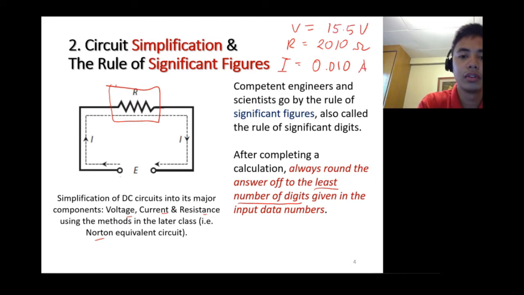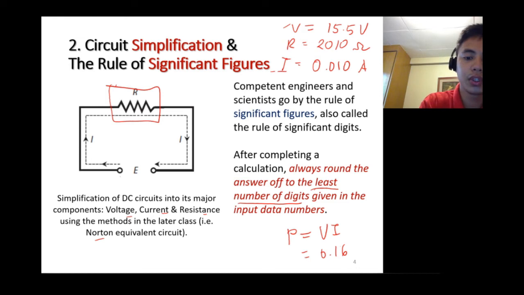If you're looking for power using VI, and you multiply V times I, it becomes 0.16. We know that voltage has three significant digits and current has two, so the output should be two decimal or two significant figures: the least number of digits given in the input data.